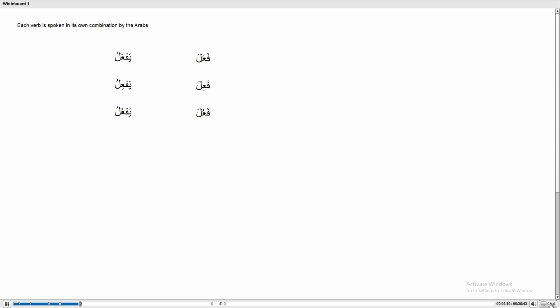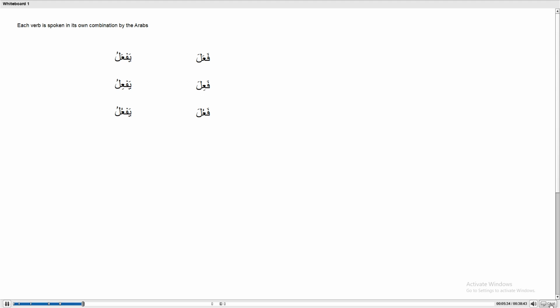Sometimes the verbs could have more than one combination, but originally each verb is spoken in its own combination by the Arabs.